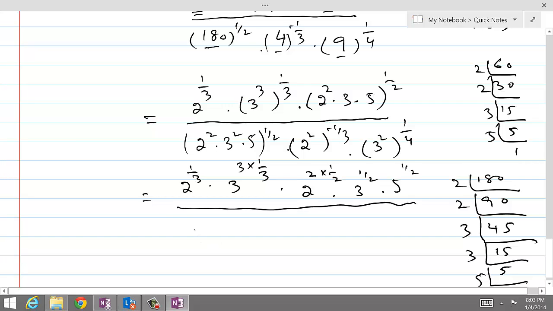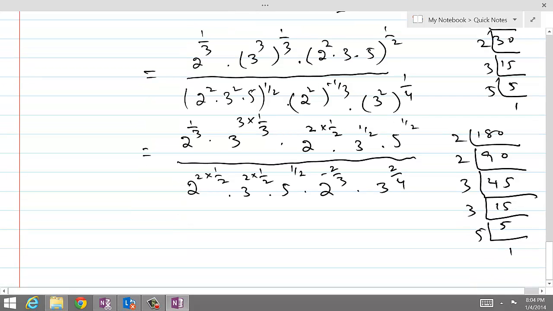And now in the denominator, 2 power 2 times 1 over 2, 3 power 2 times 1 over 2, 5 power 1 over 2, 2 power minus 2 over 3, and 3 power 2 over 4.